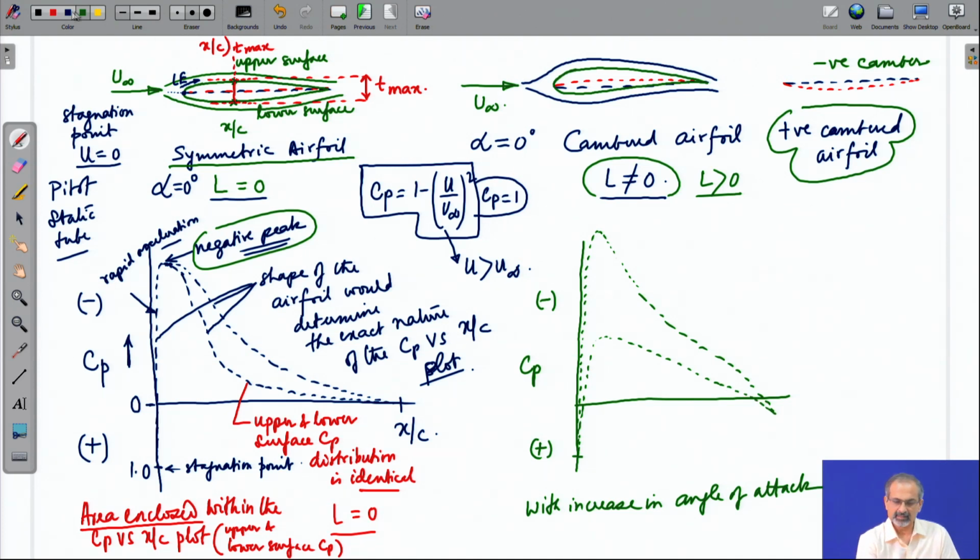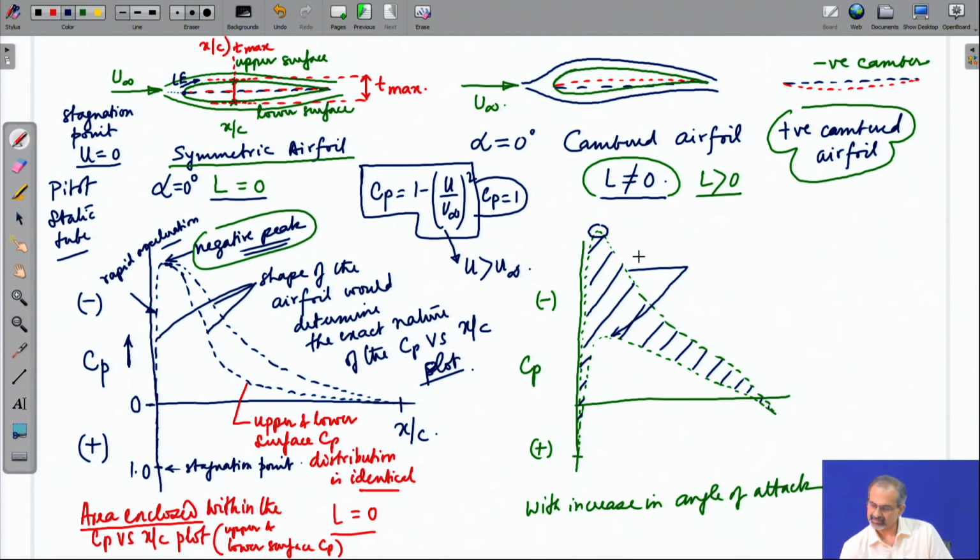And then the main idea is that you have an enclosed area between the two, and if you integrate that, you will get the effect of lift coming from a pressure difference between the upper and lower surfaces. So, the one which goes to a stronger negative peak is the upper surface, and which remains below is the lower surface.